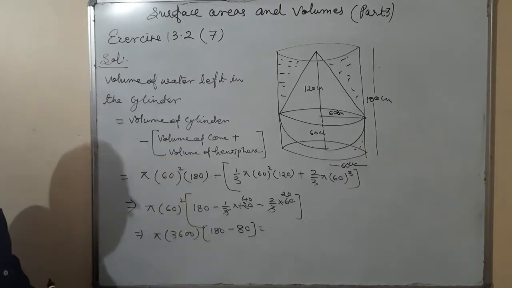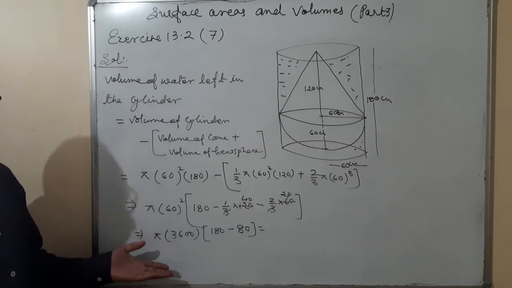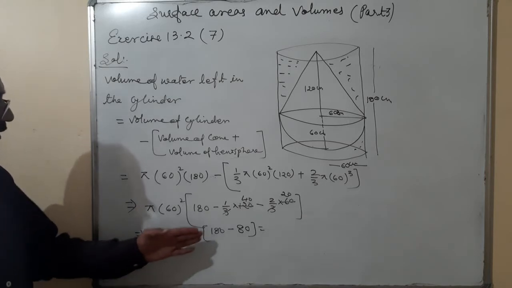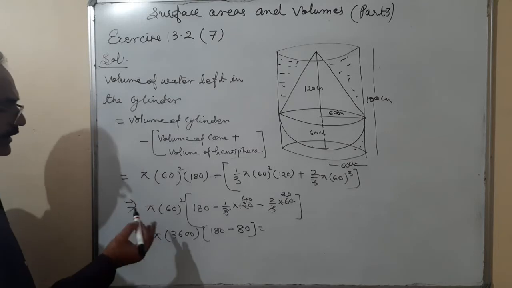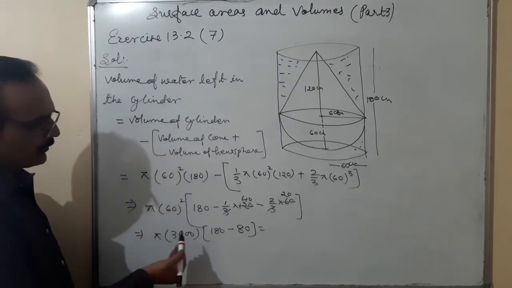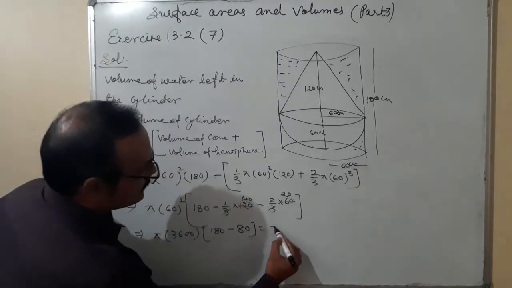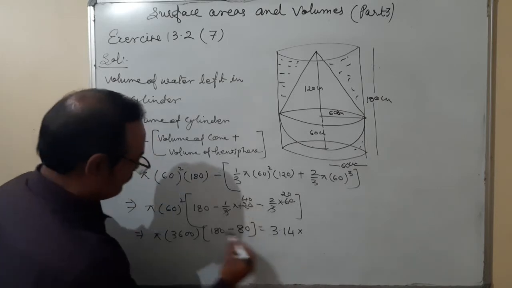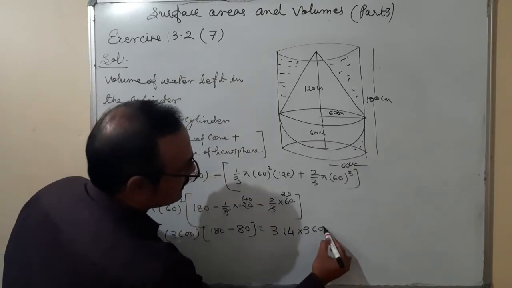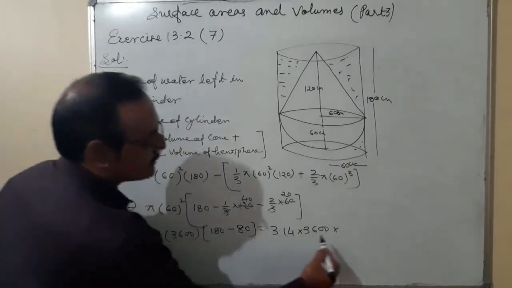In the next line I'll write here. Pi is 3.14 or 22 upon 7, anything we can write here because the 7 is not cancelled by it. So I am writing here using the value pi 3.14. So pi 3.14 multiplied by 3600 and multiplied by 100.